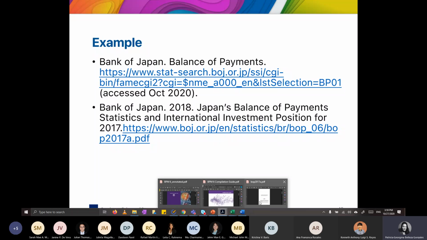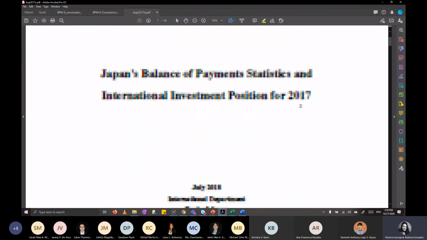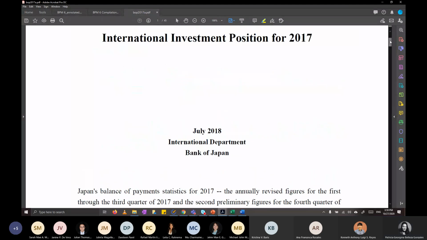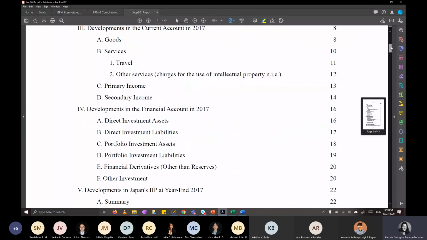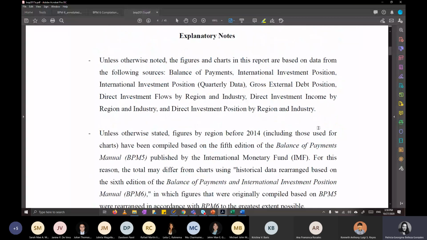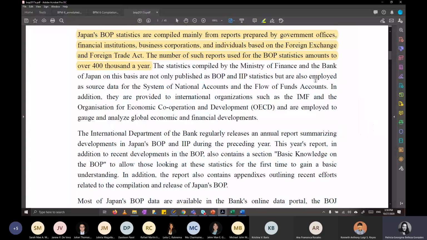They also have an accompanying report if anyone's more interested in how analysis on balance of payments is done. So you can see here notes on the methodology.